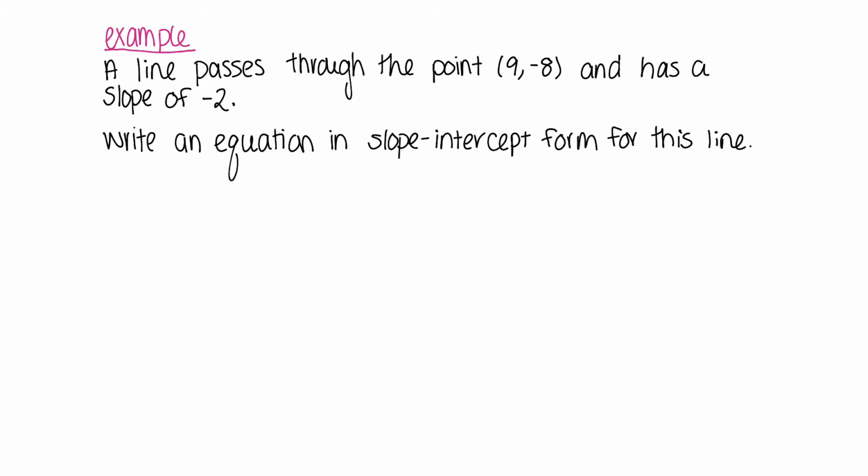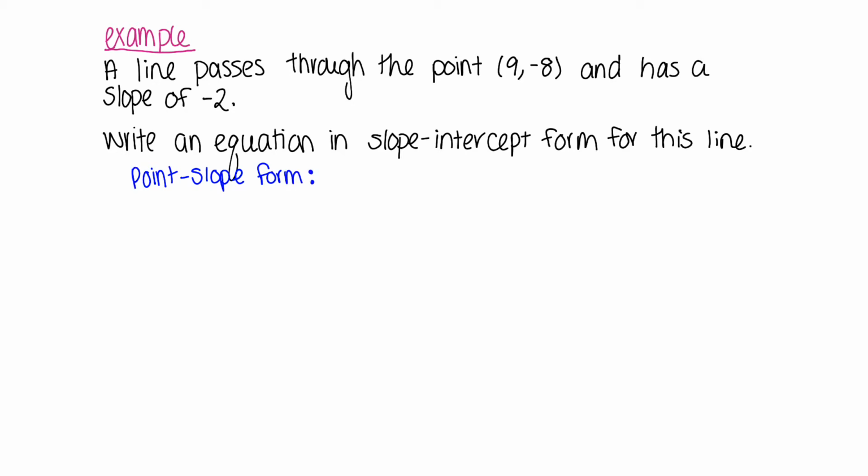For this next problem, we're going to use a different method. So we have a line passing through the point 9, -8, and we have a slope of -2. I'm going to start using what's known as point slope form. So this is our second method.